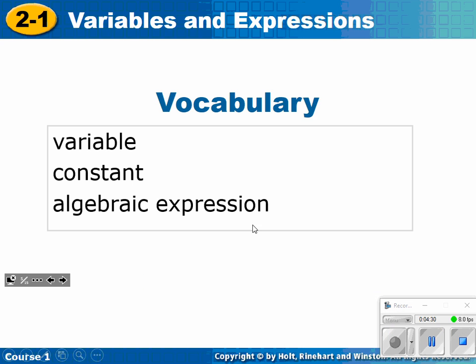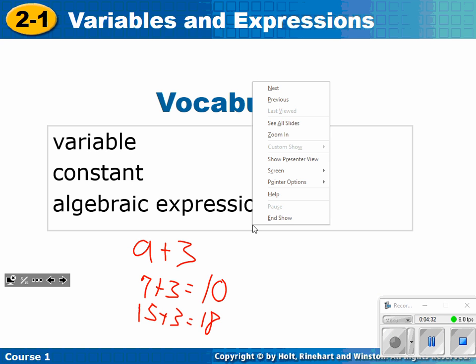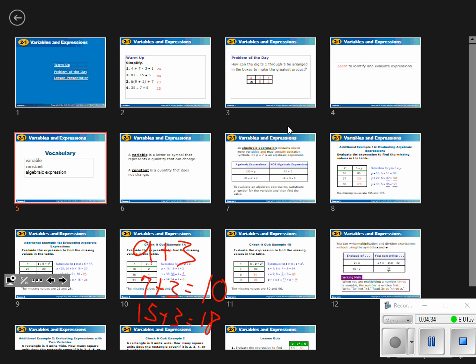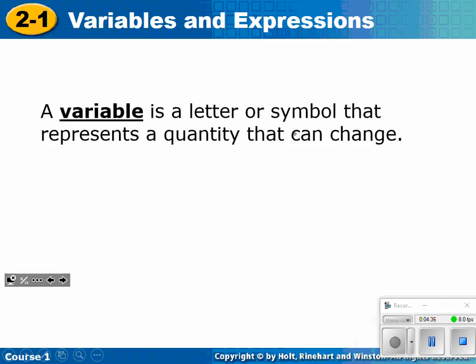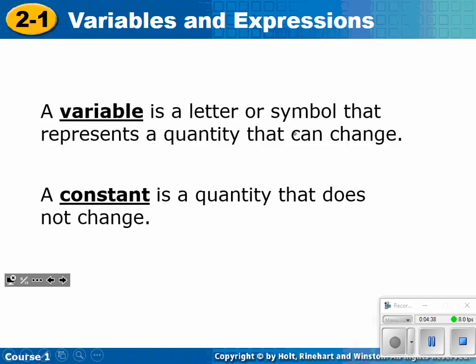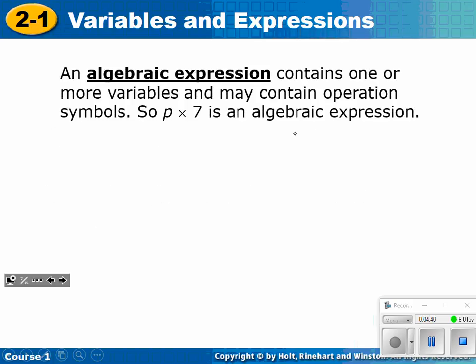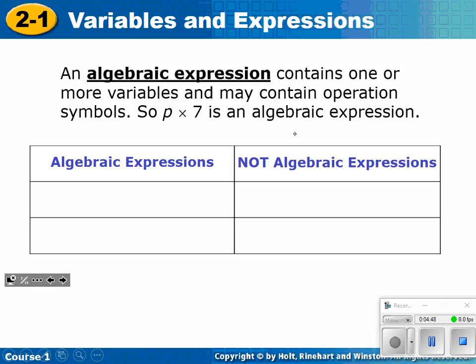So, what I'm going to have you guys look at is, we talked about that, a variable is a letter or symbol that changes. A constant does not. An algebraic expression contains one or more variables and may contain operation symbols. So, P times 7 is an algebraic expression. These are algebraic expressions. Numbers, symbols, letters.